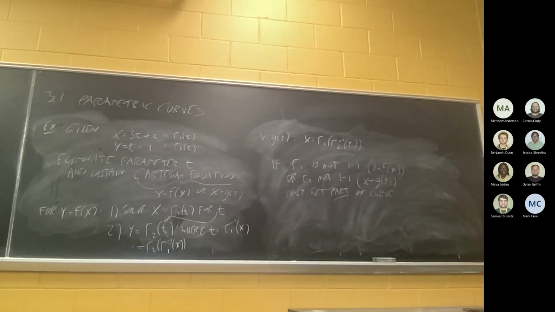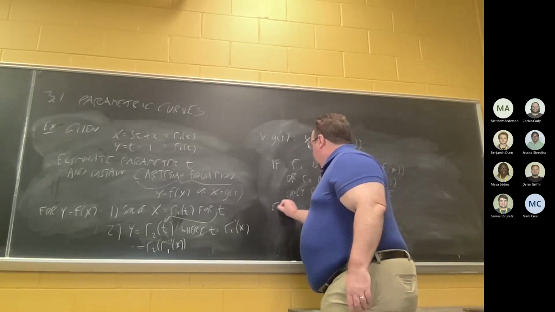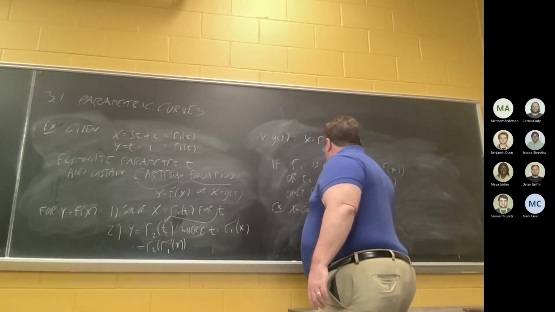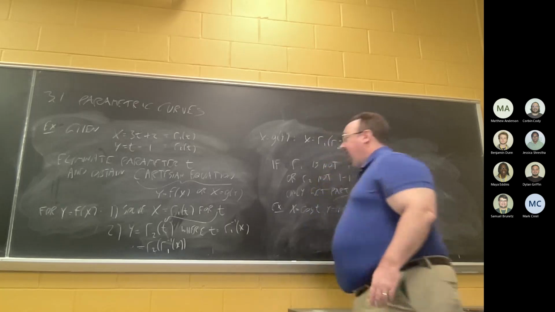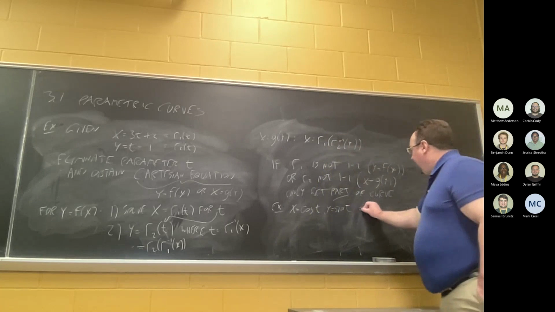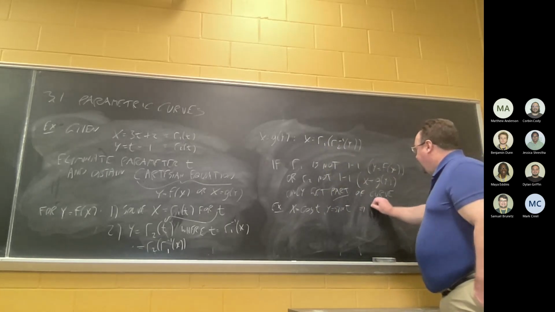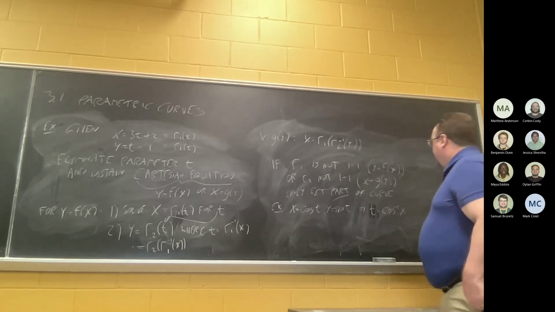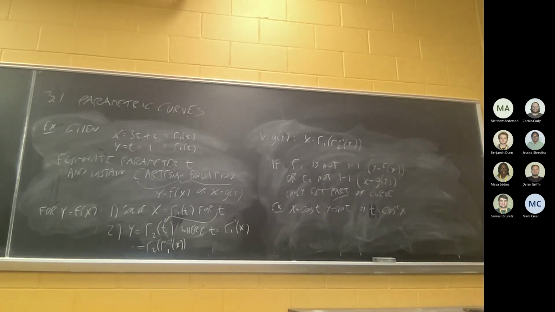But for example, like the circle. Actually, I'll do an example right now. x is cosine of t, y is sine t. If I want to describe y as a function of x, I let t equal inverse cosine of x.